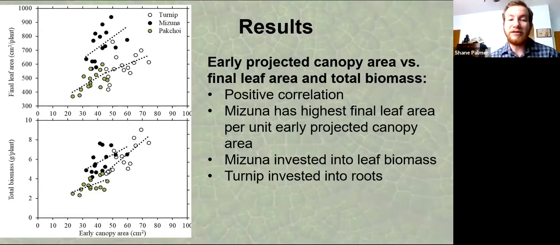So you could say these species differences exist because mizuna was making leaves and leaves and leaves and wasn't doing a whole lot else but making more leaves, while turnip was putting a whole lot of its biomass and investment into its roots. You can kind of distinguish that a little bit in the graphs, who's doing what there. But in general, the relationship stands.